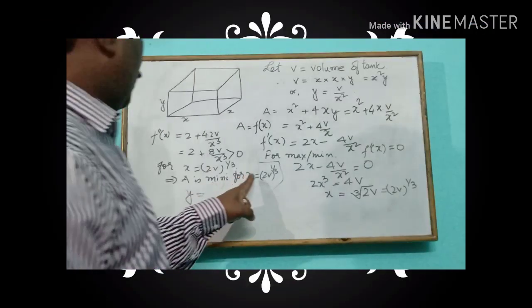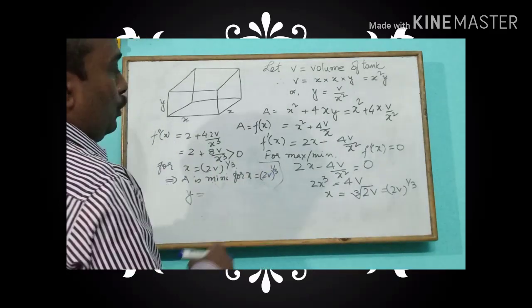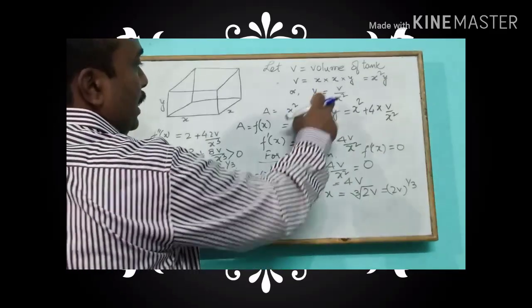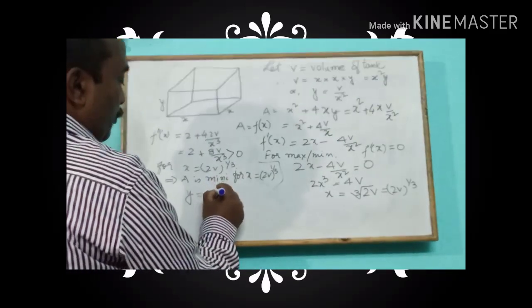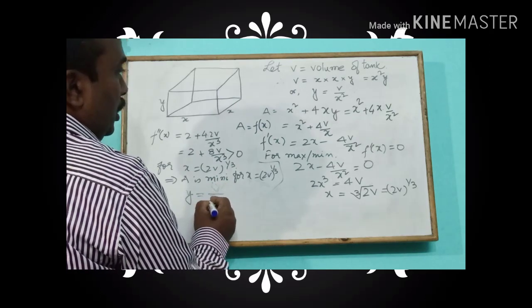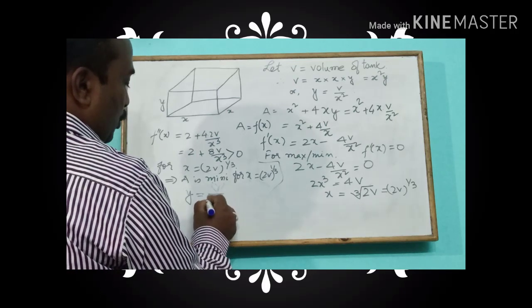So A is minimum for x equal to (2v)^(1/3). Putting the value of x here, we'll get y equal to v by x squared, that means v by (2v)^(2/3).